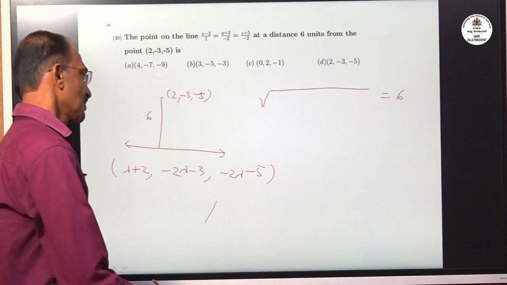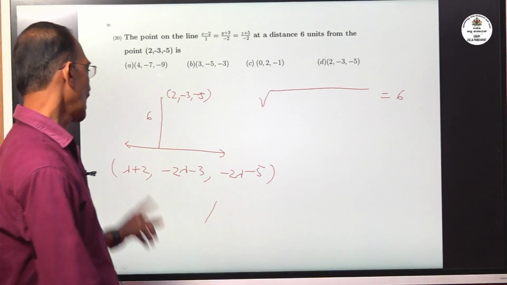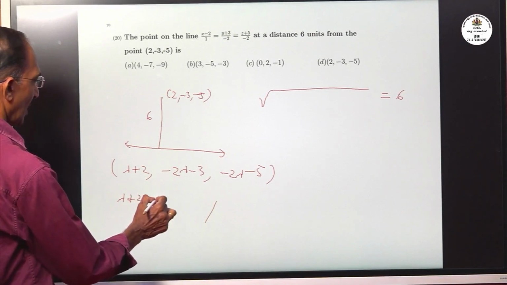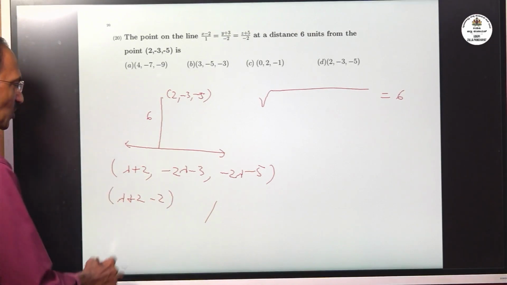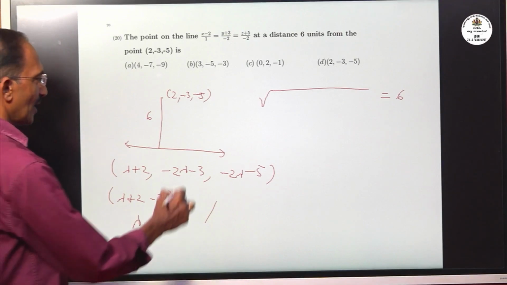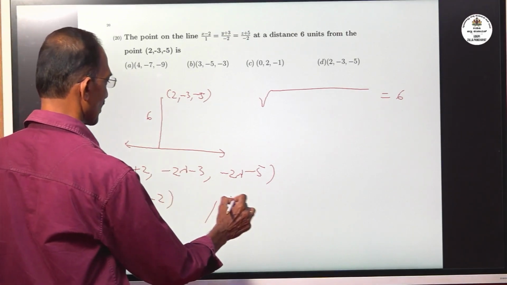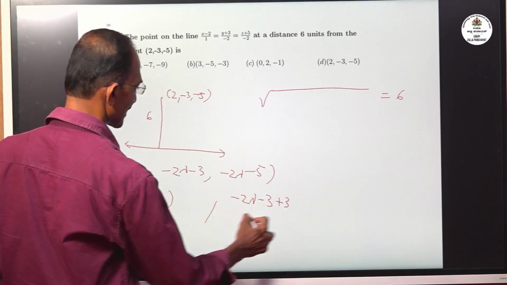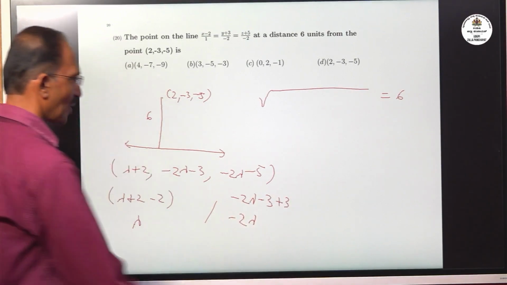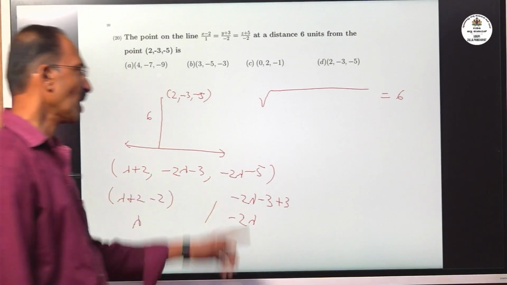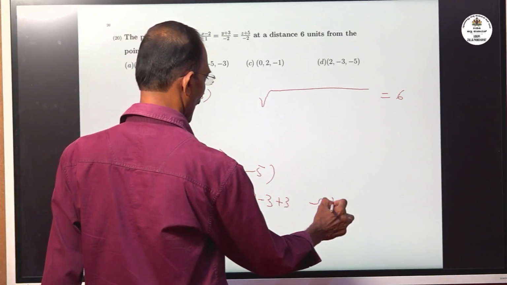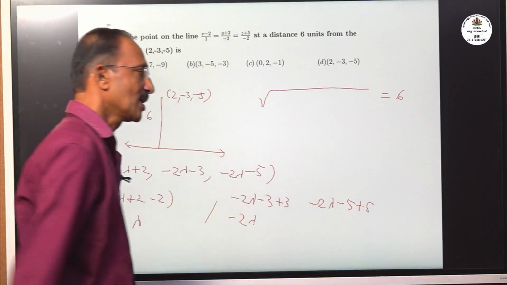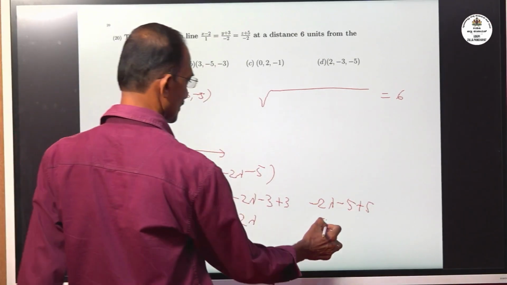So lambda plus 2 minus 2 comes to be lambda. Another one, minus 2 lambda minus 3 minus of minus 3, plus 3, comes to be minus 2 lambda. And another one, minus 2 lambda minus 5 minus of minus 5, plus 5, comes to be minus 2 lambda.